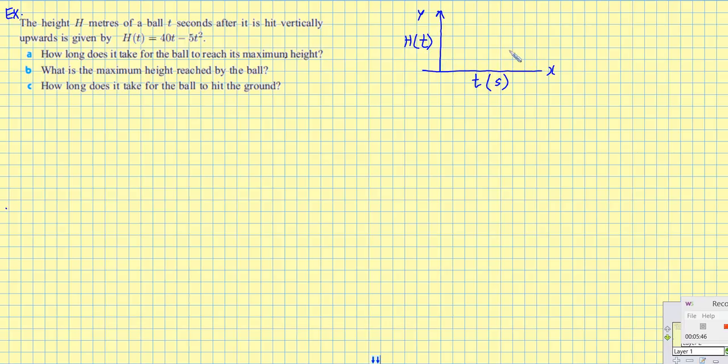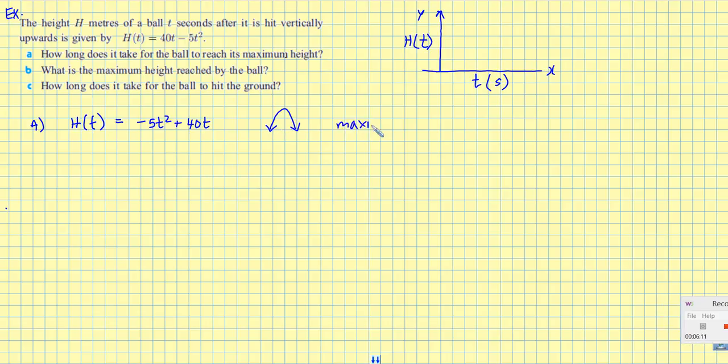So when I rewrite the equation, I put it in order from highest degree to smallest degree. So it's h of t equals negative 5t squared plus 40t. This tells me automatically that my graph is facing downwards, which means that I will have a maximum point. So these are all things that I keep into consideration as I start my problem.